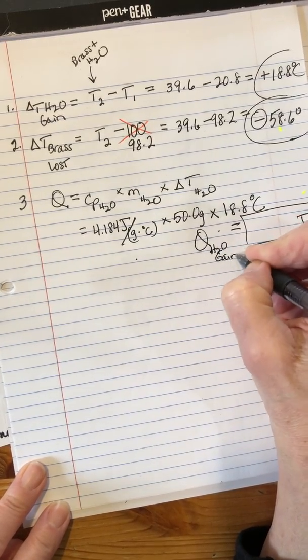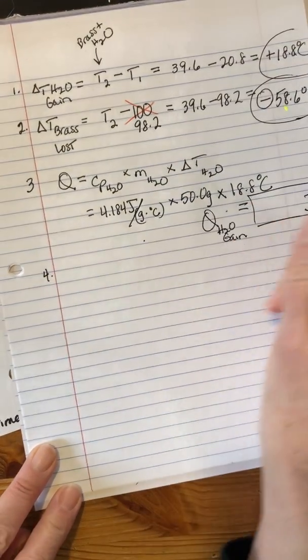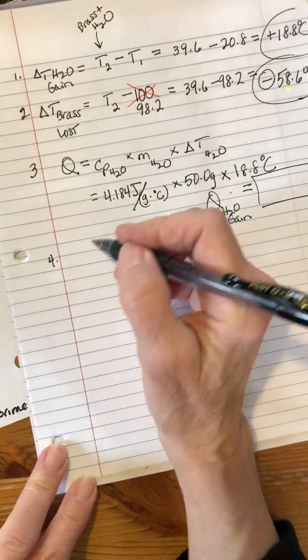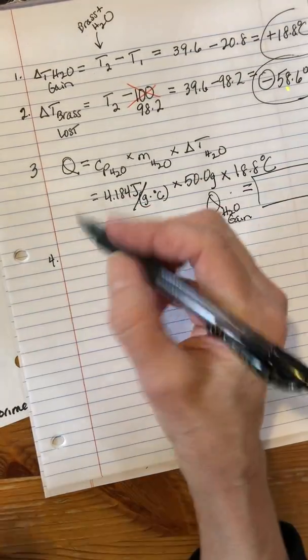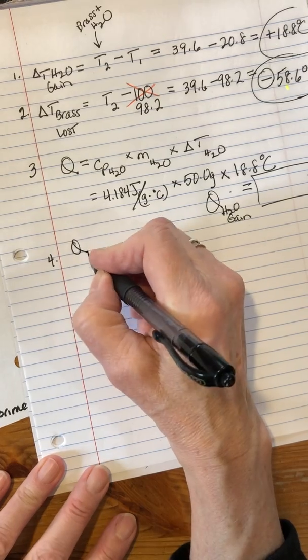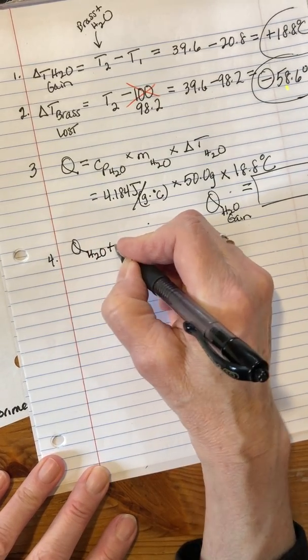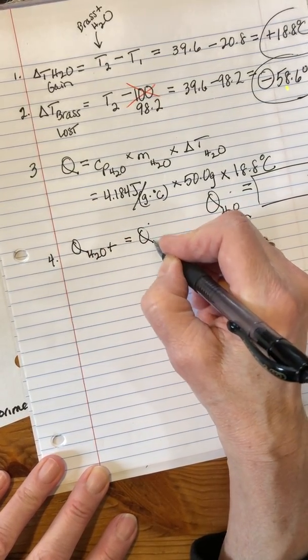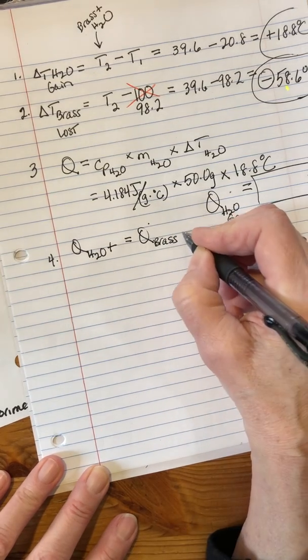gained. Okay, and number 4, you're going to assume, rightfully so, that whatever heat the water gained is equal to the heat that the brass lost.